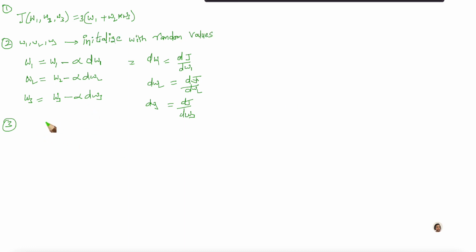So the question is, how do you compute dw1, dw2 and dw3 in the code? These computations of dw1, dw2, dw3 are done in the back propagation step.